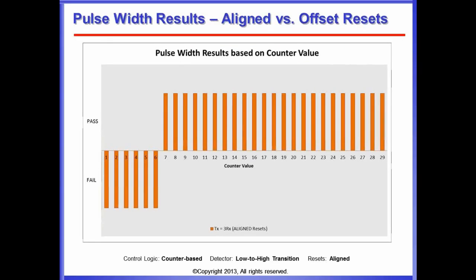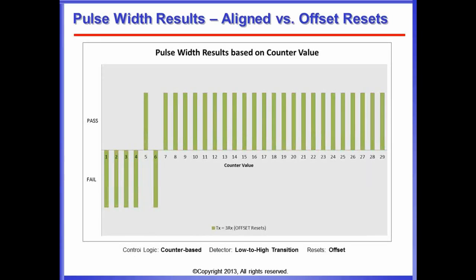Stressing that a bit now, if the resets are offset, right? This is wrong here, so they are not aligned. So if the resets are offset, you see that all of a sudden the pulse width is no longer linear or straightforward as well.